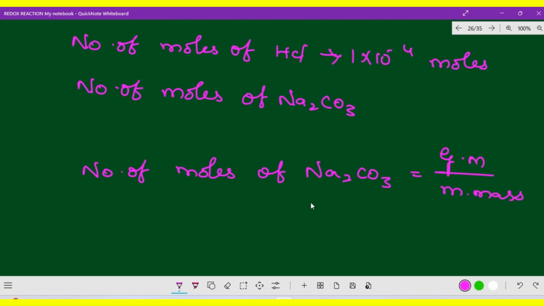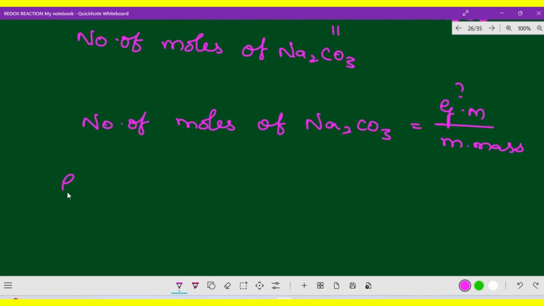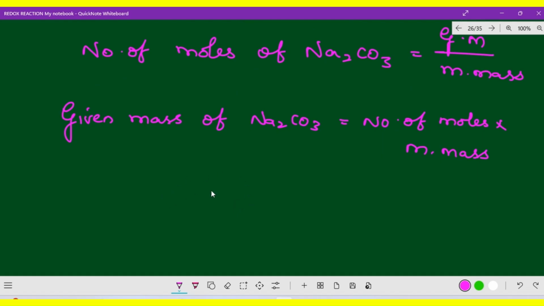The given mass we don't know, that we have to find out, and the number of moles we already know. So the given mass equals number of moles into molecular mass. That is 1 into 10 to the power of minus 4 mole into the molecular mass of Na2CO3, which is 106 gram per mole. You know very well, right?